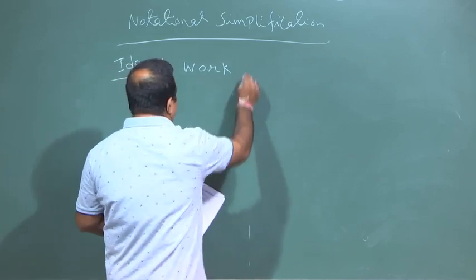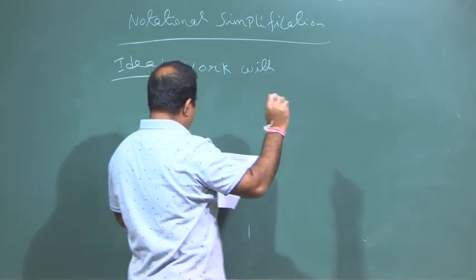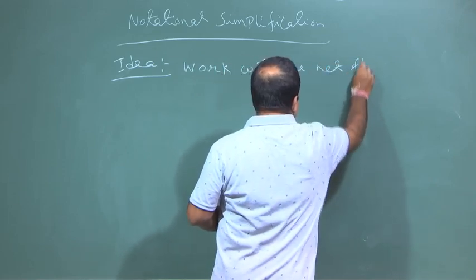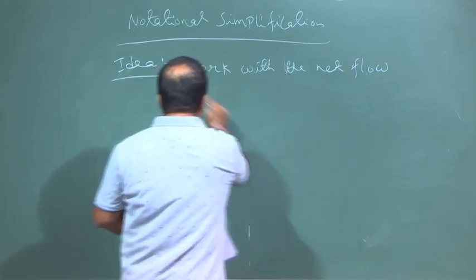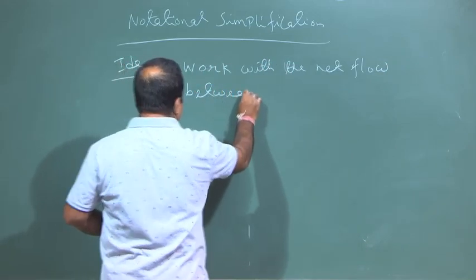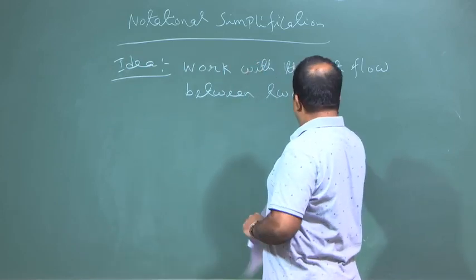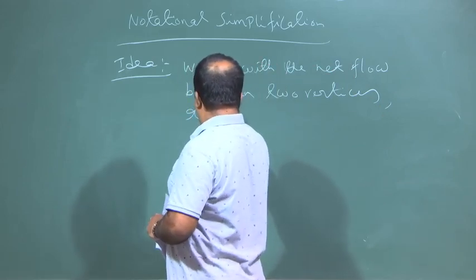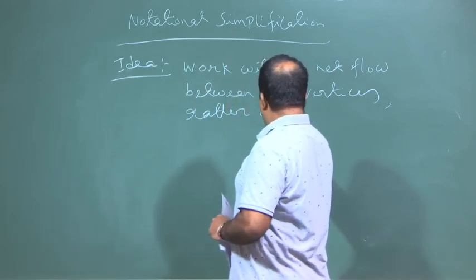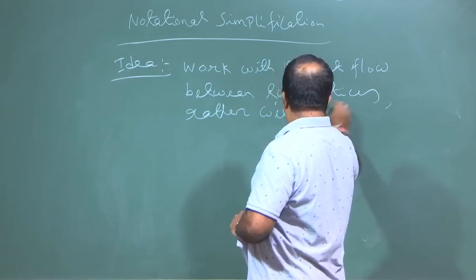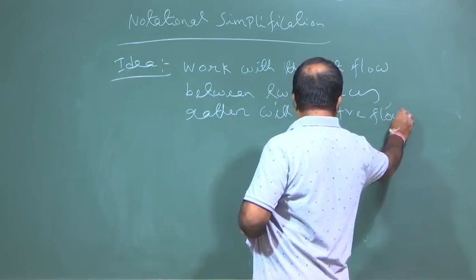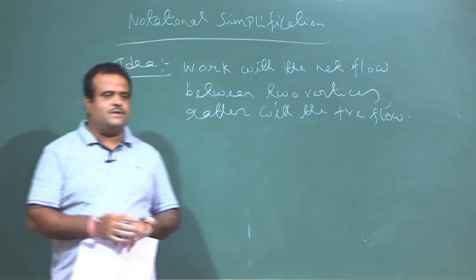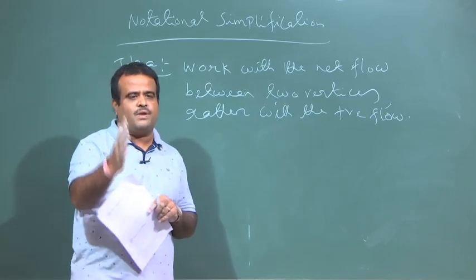So, the idea is to work with the net flow between two vertices rather than the positive flow, because we can cancel the one direction flow, and ultimately with the net flow we are looking at how much flow we are passing.